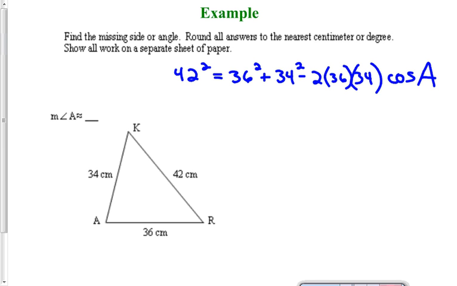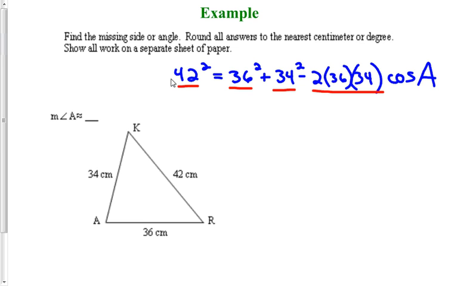Now, as you can probably anticipate, solving for the angle is more complicated than solving for the side, right? Now, let me point out a very common mistake that people make. They want to square this, which is perfectly fine to do, then square this, then square this. This is all perfectly fine to do. Then multiply this together. All of that is perfectly okay to do, but here comes the mistake.